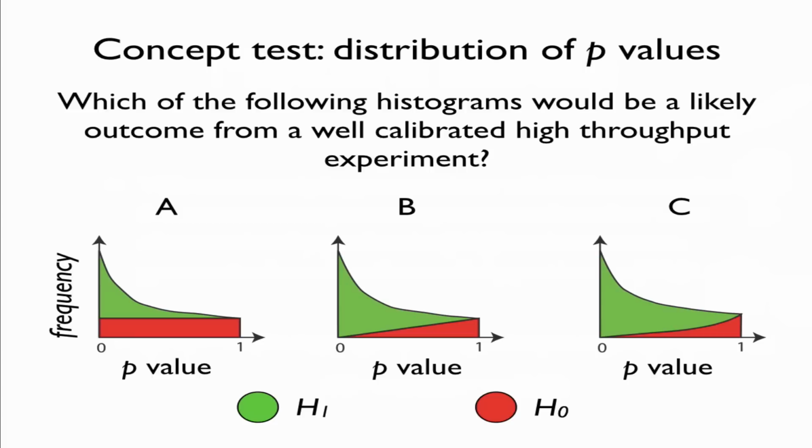In all of A, B, and C, the alternative hypotheses give a number of p-values that decreases with higher p-value. But the p-values stemming from the null model would be uniformly distributed in A, increasing for higher p-values in B and C, and exponentially increasing in C rather than linearly as in B. Which of those three scenarios do you think is the most likely outcome of a well-calibrated high-throughput experiment?